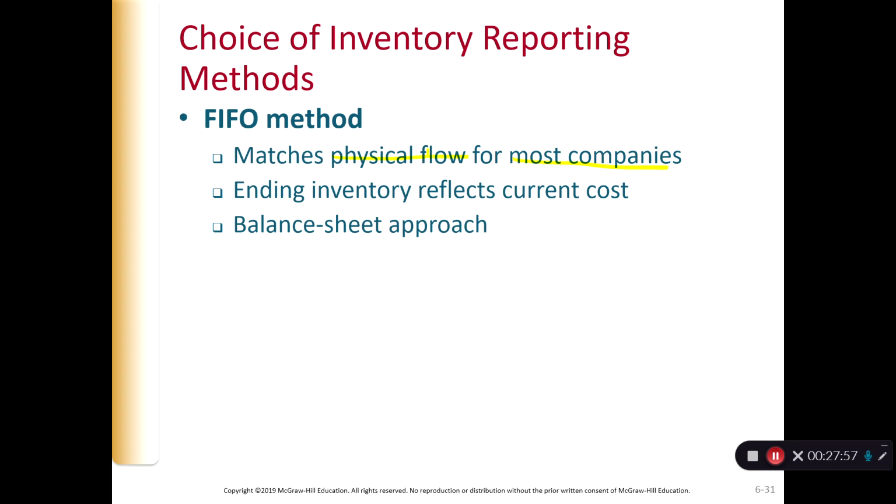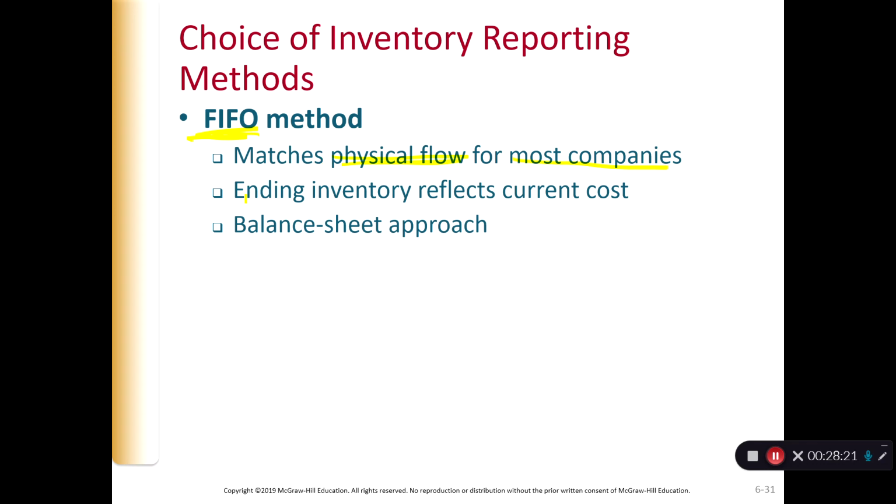You don't want to always sell the most recent purchase. That is universally true, because the majority of companies match the physical flow of cost using the FIFO method, which assumes that the first things coming in the door are the first things sold out.